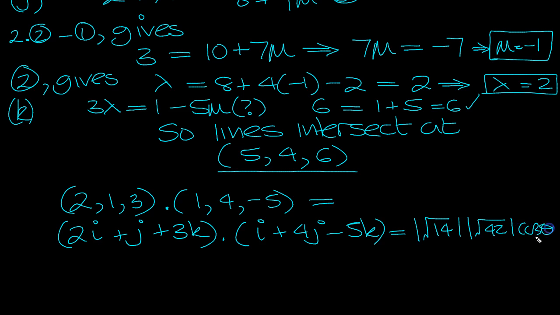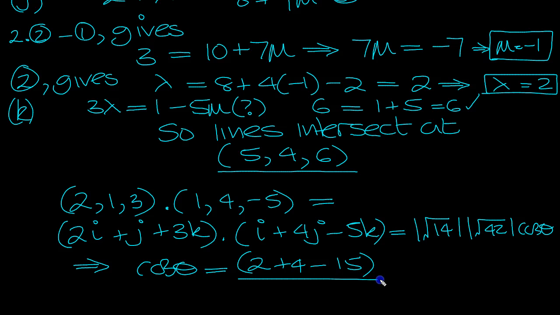Cosine of the angle between them. So that tells us that cosine theta then is equal to 2 times 1. 1 times 4 is 4. And then 3 fives are minus 15. Over root 42 is 3 root 14, isn't it?